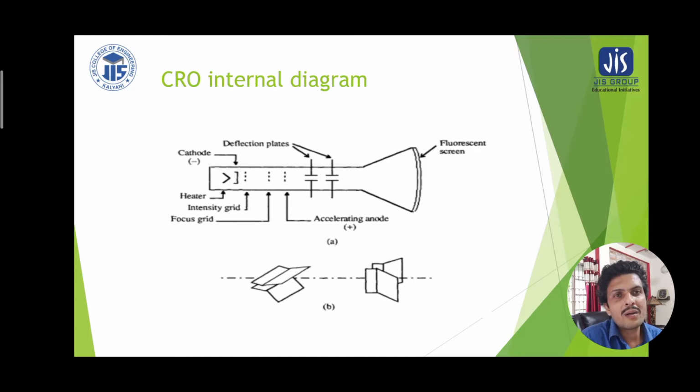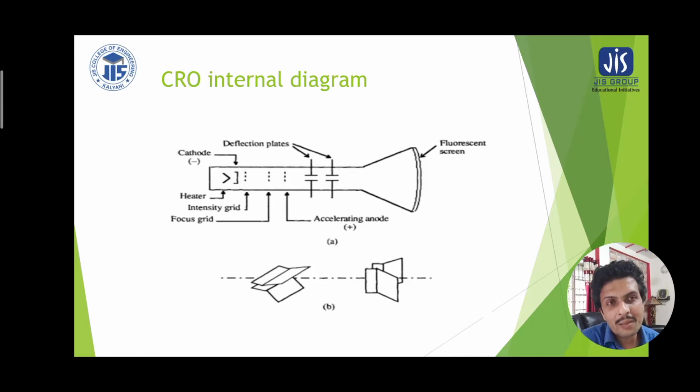And there are the deflection plates, that is the horizontal deflection plates and vertical deflection plates. The plates are shown below. The plates which are placed horizontally are actually vertical deflection plates, because in the horizontal plates, when the voltage is fed, the positive voltage with respect to the negative plate attracts the electron, and therefore the electrons move vertically.